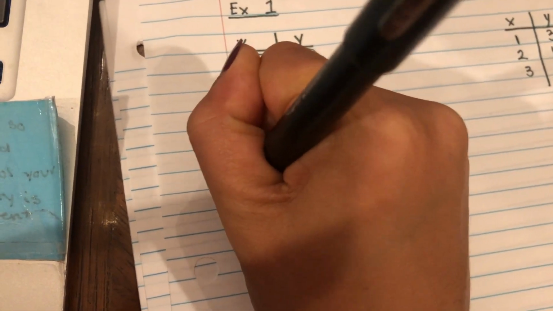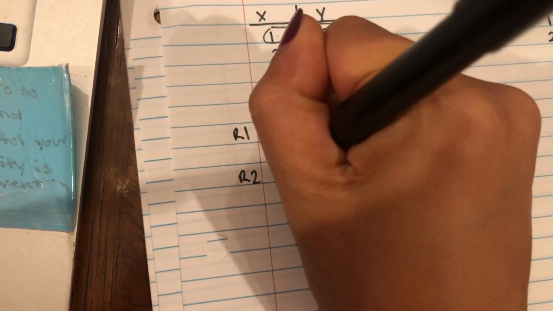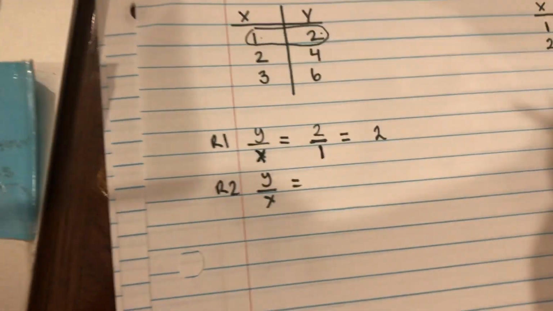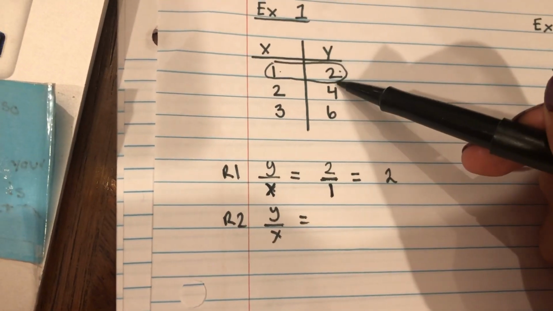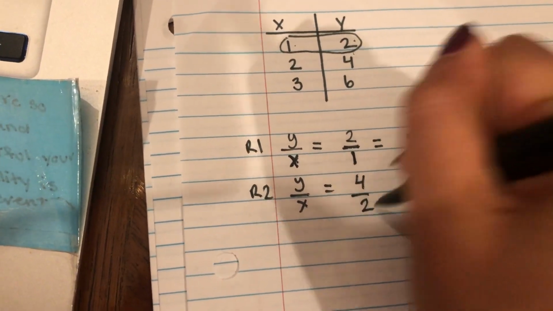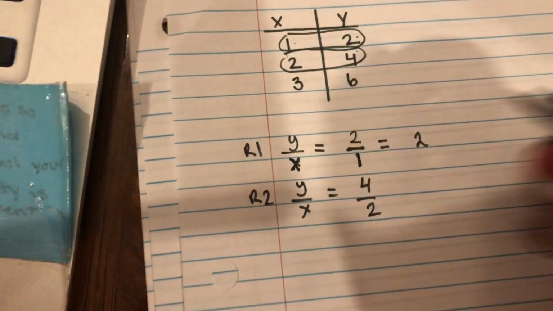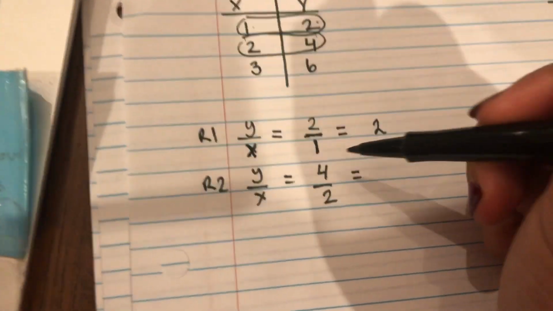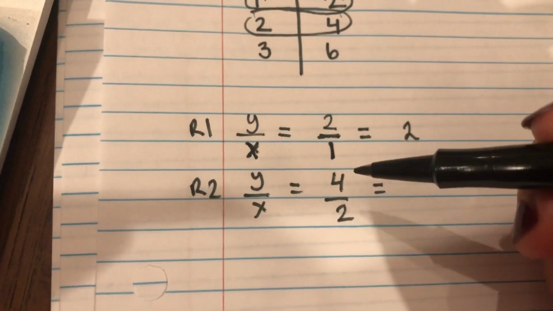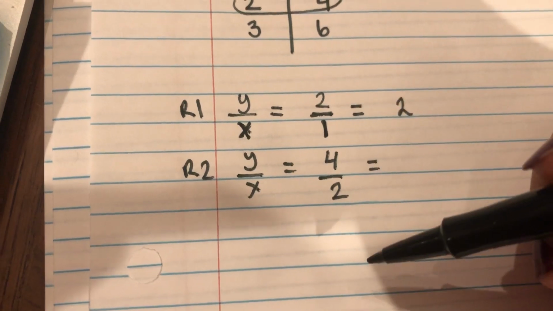My next ratio is ratio 2. We're going to do y over x, and we just do this to get into the habit of it. So I'm going to do 4 over 2, because again, we look at it from side to side. Now, before we discuss this, a fraction is literally division. You could just divide.